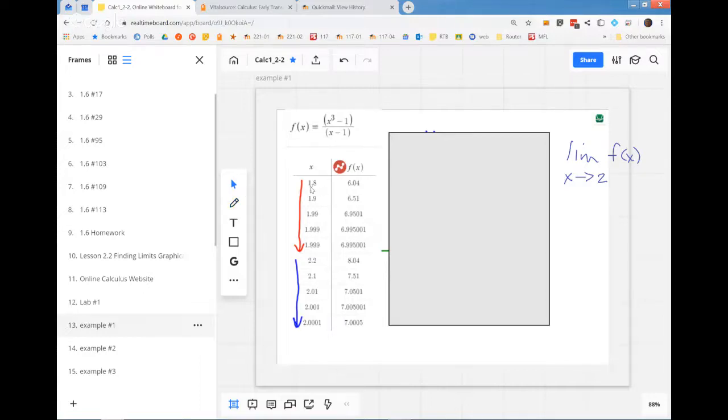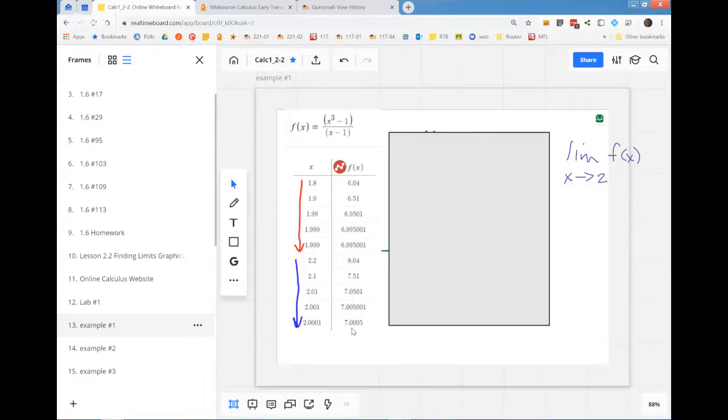As x was getting closer and closer to 2 next to the red, what is f of x approaching? You see how it's getting closer and closer to 7? 6.95, 6.995. You get the idea. It's getting closer and closer to 7. And on the bottom, when we were above 2 and coming back, do you see how again it's approaching 7?